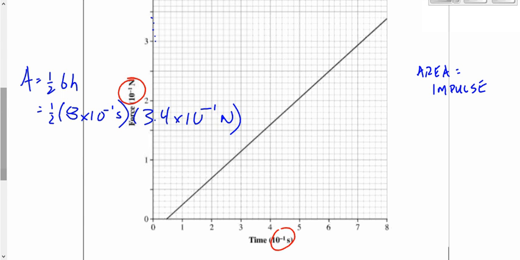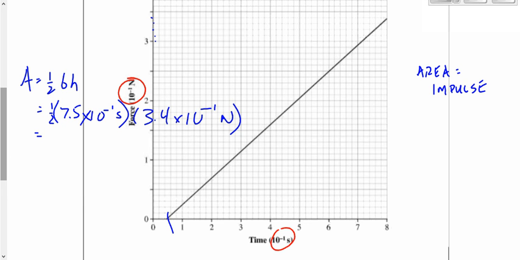Is that right? What's wrong? No, exactly. It doesn't start at 0. It's a good observation. It starts at, be careful here, 0.5. So Jacob, then what's my base? 7.5. Good. 7.5 times 10 to the minus 1.